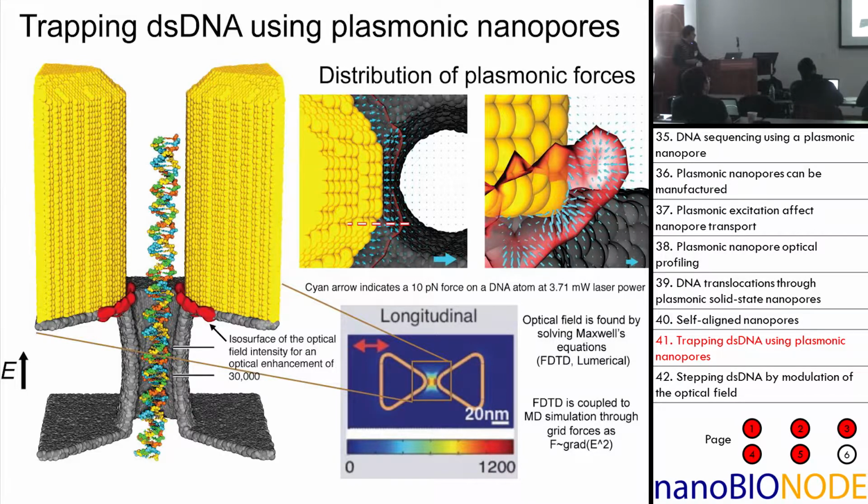And then what we do is we modify our molecular dynamics codes so that we can add this plasmonic field on top of our molecular dynamics simulations as an external potential. Then we assume that the local force of that plasmonic field is proportional to the gradient of the field times some dielectric mismatch between the molecule and the solvent.